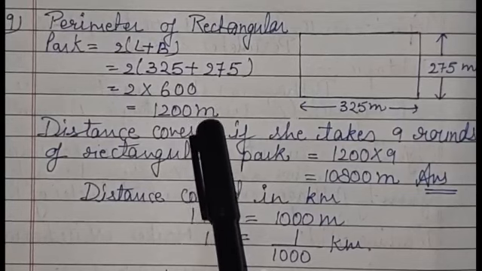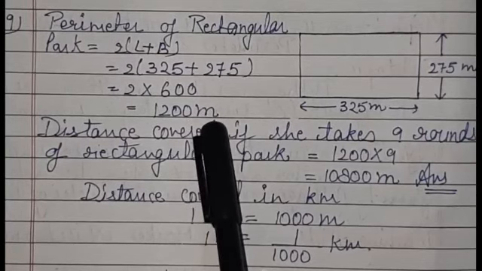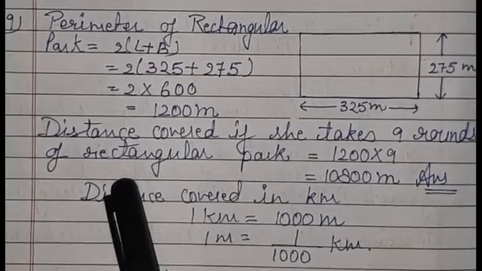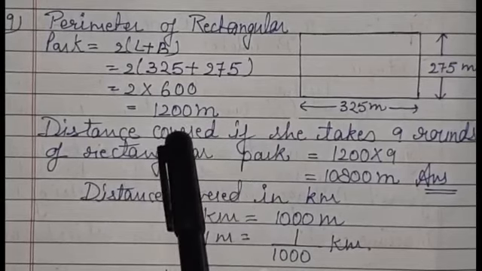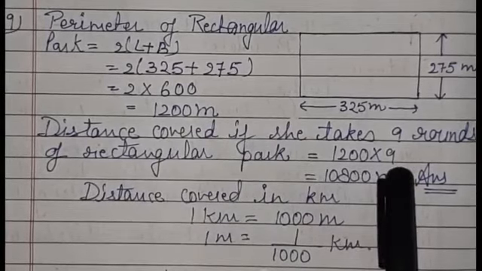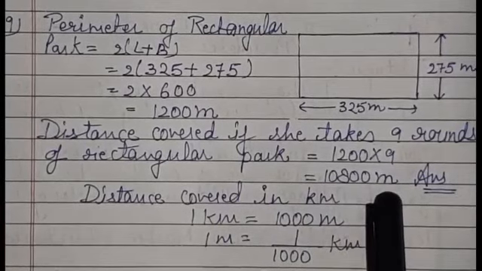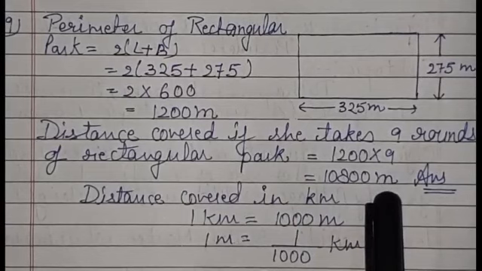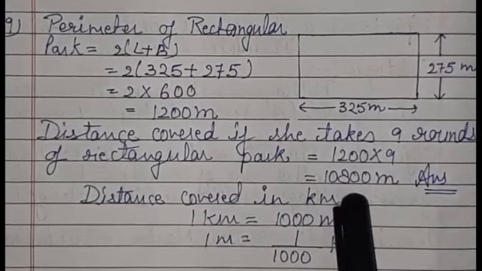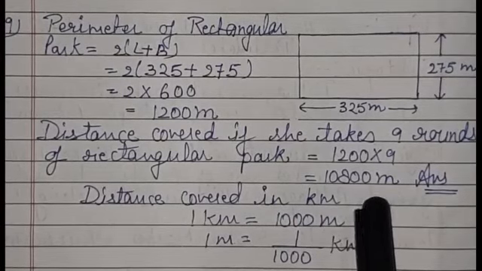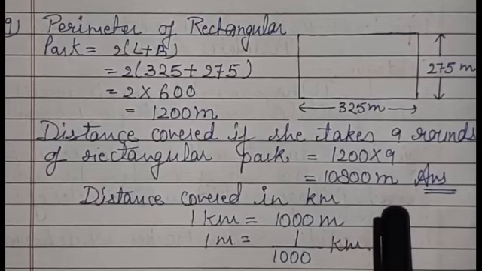Clear? This is the perimeter of rectangular park. If she takes 9 rounds of rectangular park, so distance becomes 1200 into 9 is equal to 10,800 meters. That means distance covered will be 10,800 meter by her. Clear?